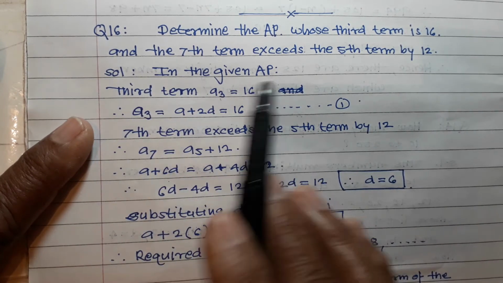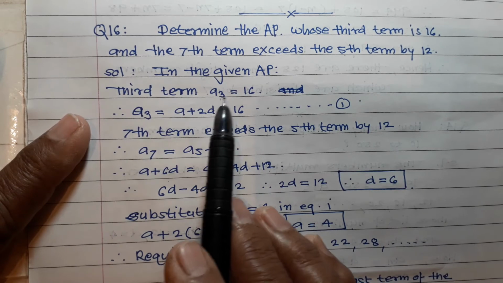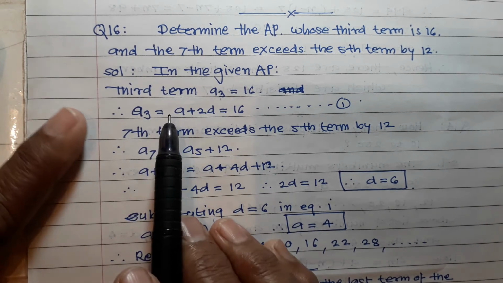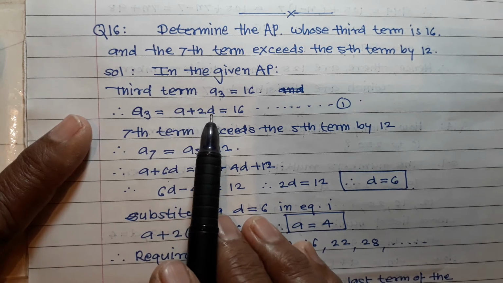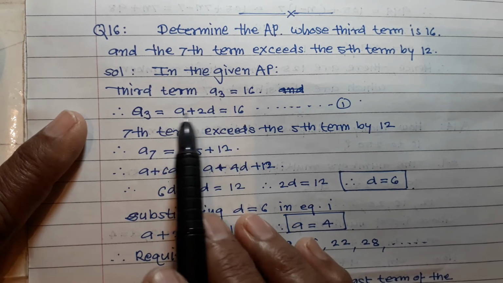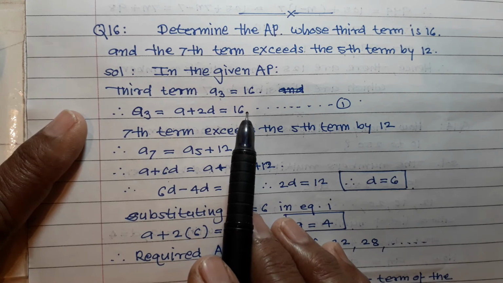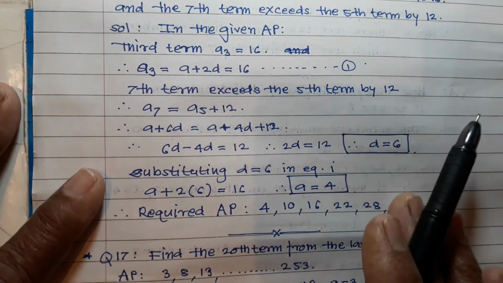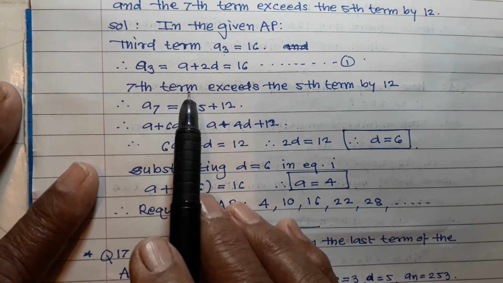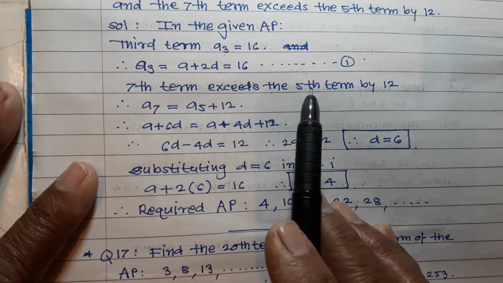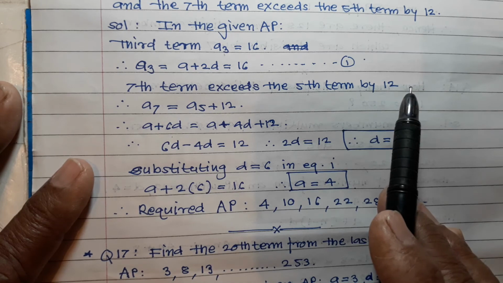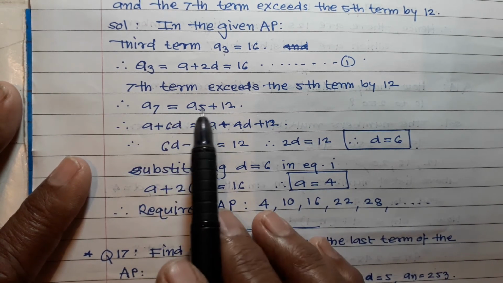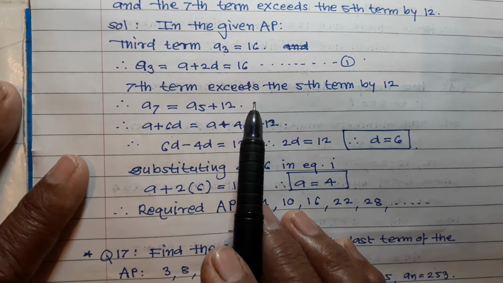In the given AP, third term a3 = 16 and a3 = a + 2d, and therefore a + 2d = 16, equation number 1. And now the condition is given: the 7th term exceeds the 5th term by 12. So the 7th term, that is a7, is equal to a5 + 12.